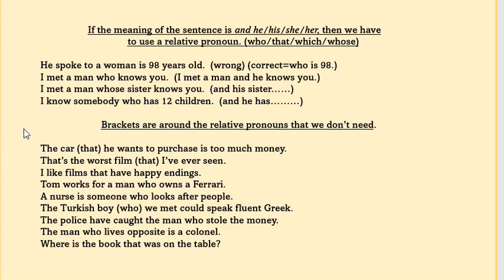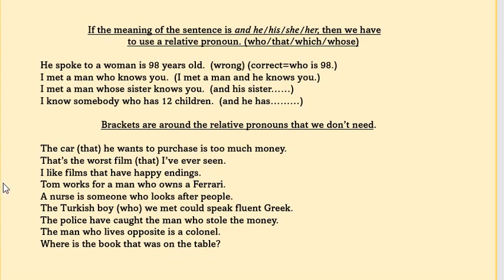So brackets are around the relative pronouns that we don't need in these sentences. The car he wants to purchase is too much money. That's the worst film I've ever seen. I like films that have happy endings. So again, we've got subject pronouns.